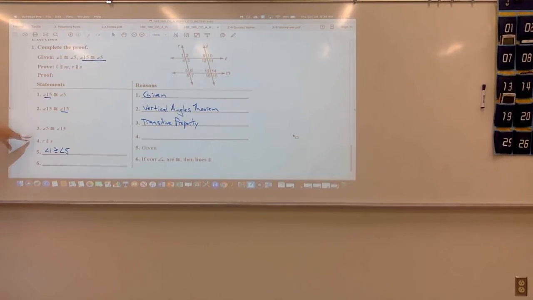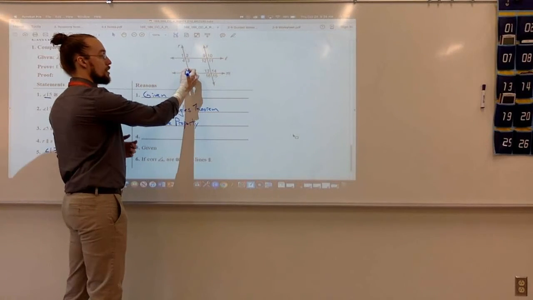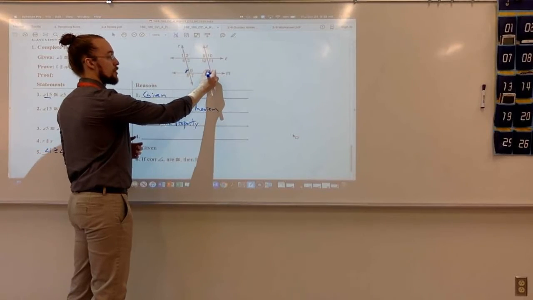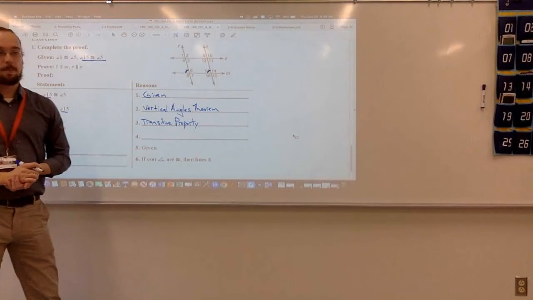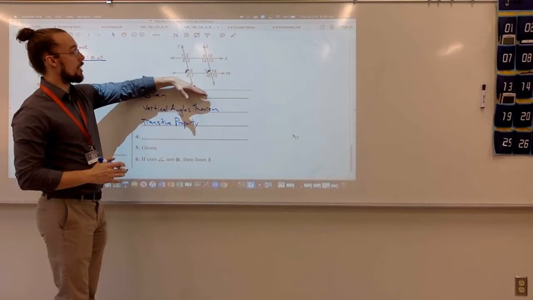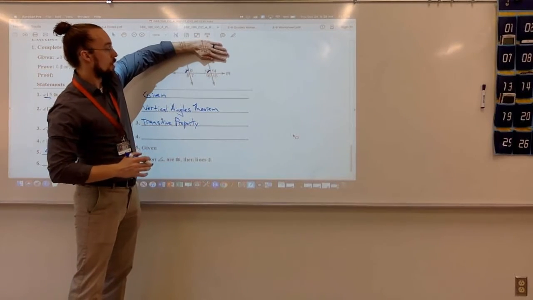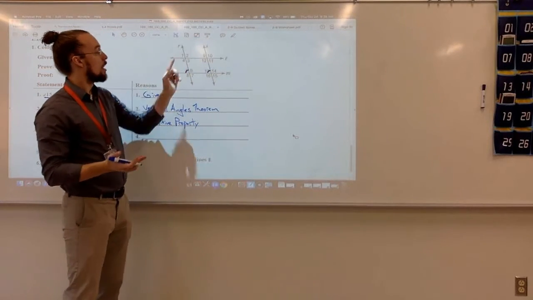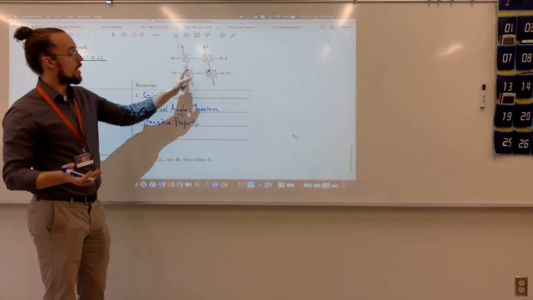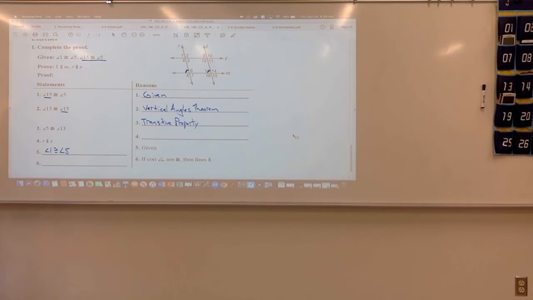So now, from that, they claim R has to be parallel to S. So let's look at the diagram here. What they said is angle 5 is congruent to 13. Okay, they're both down here on line M, so I can ignore line L up here. Right? What's the name of that relationship? Why am I allowed to say R is parallel to S?